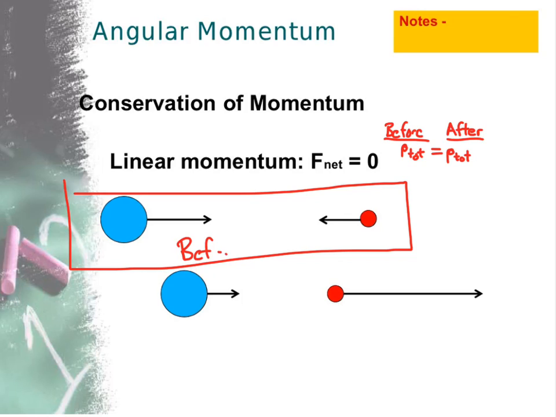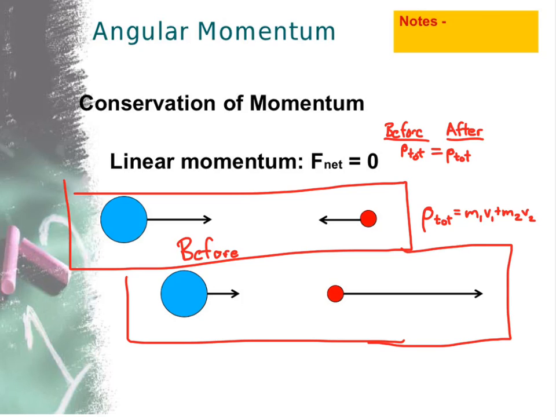And if you were to calculate the momentum of every ball in the system, in this case it's two balls, you figure out the total momentum before, which is equal to m1 v1 plus m2 v2, and you'll come up with a number for the total momentum. Well, that total momentum does not change. It's going to remain the same after.